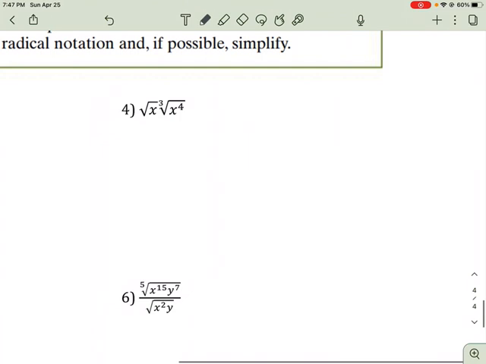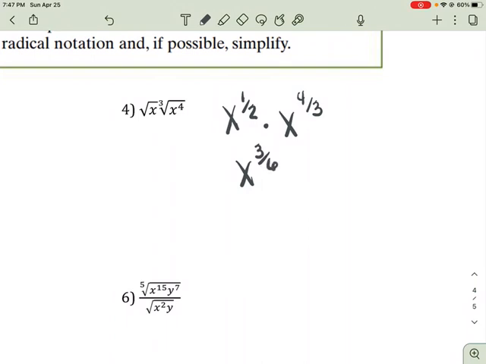Let's just do 4 and 6, and then we'll call it. So this is x to the 1/2 times x to the 4/3. So we need a common denominator of 6. So x to the 3 over 6 times x to the 8 over 6, which is x to the 11 over 6, or the 6th root of x to the 11th.